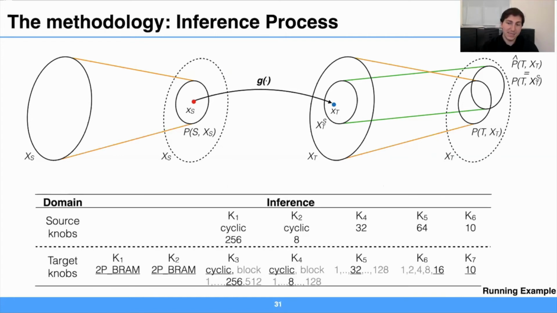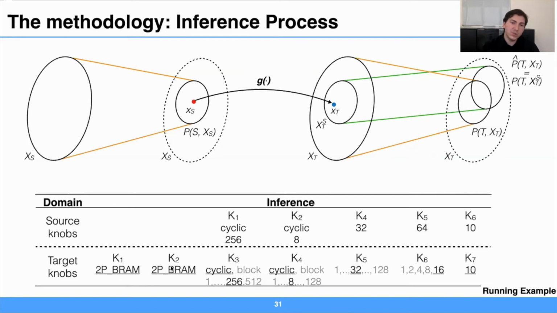Let's see an example in this case. Here we have a source with different knobs, and the target knobs. In this case, the first and the second knob from the target are not mapped because there were no available knobs of the same type in our source design space.